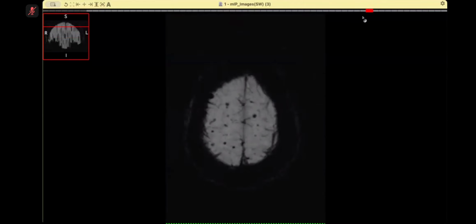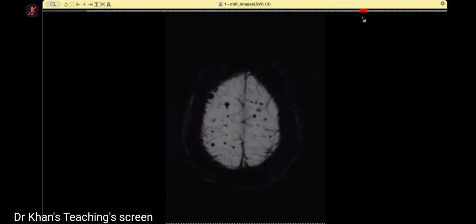Considering these findings, there are multiple lesions of variable sizes involving almost the whole brain.